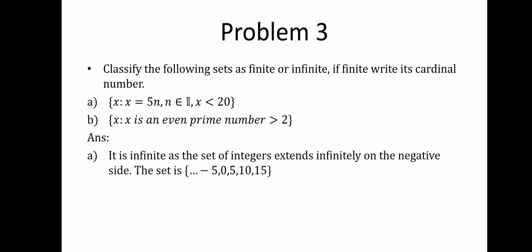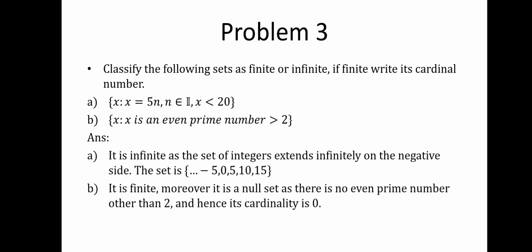It will go on. Next, the second one is obviously finite, no doubt about that. But moreover, it is a null set. Why? Because you are asked to write the set containing even prime numbers greater than 2.